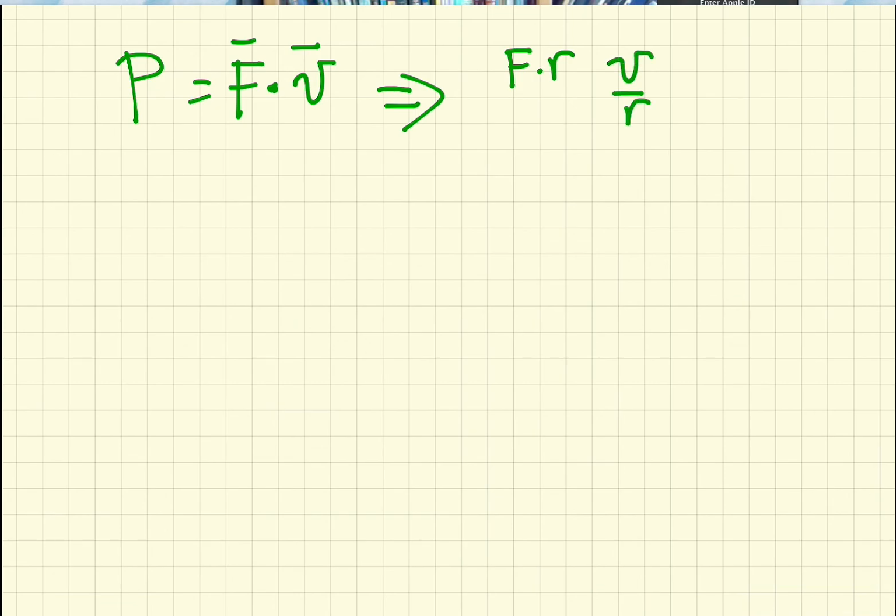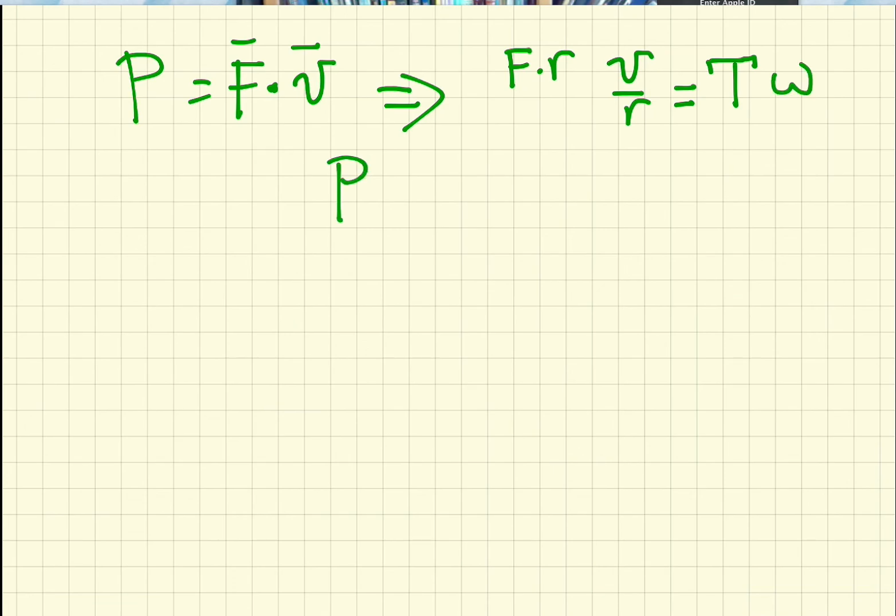As we know, if we have a force and the force is multiplied by the velocity, that gives me power. But this is for linear motion. If I want rotational motion, then the force, if I multiply by a distance away from the center of rotation, and divide the velocity by the same distance, then F times R I can call a torque T, and V over R I can call omega.